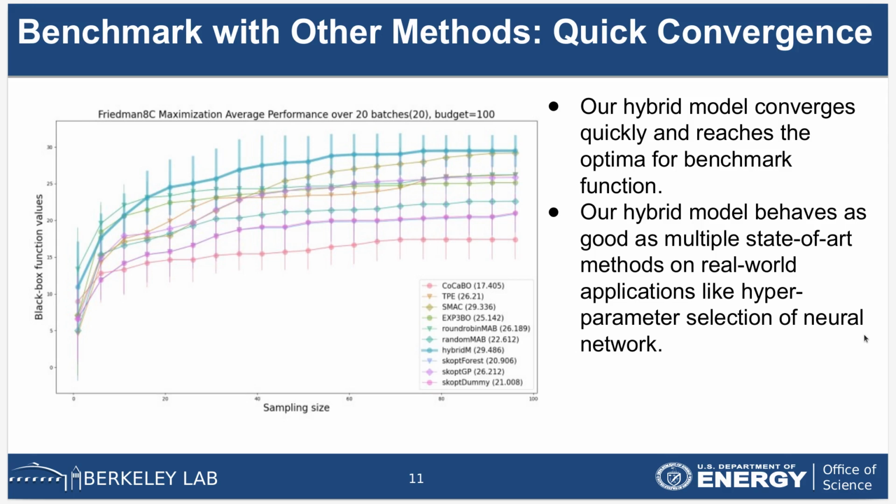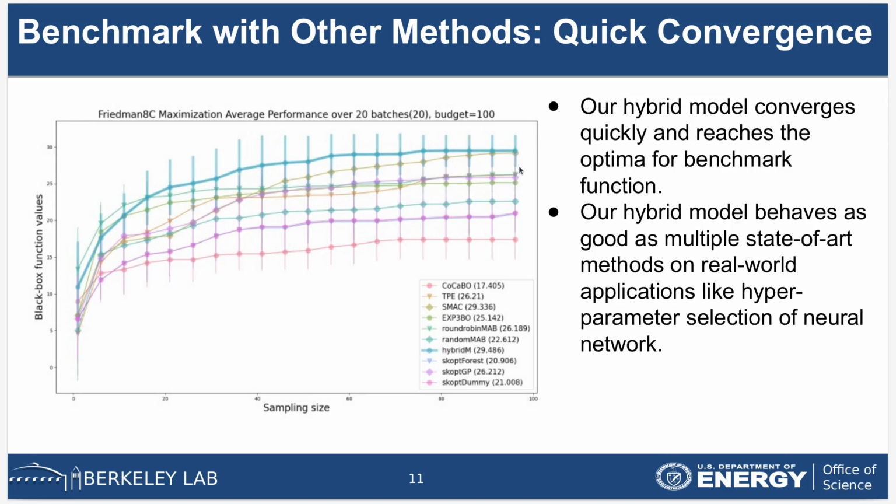We can also see that our hybrid model behaves as well as multiple state-of-the-art methods on real-world applications for neural network hyperparameter optimization, which we do not show here. You can see that our method, which is on the top, converges to the actual maximum, which is 30, the fastest.